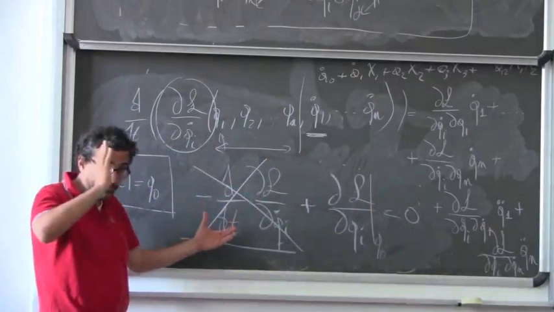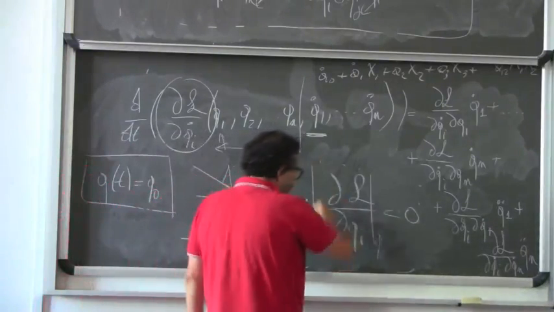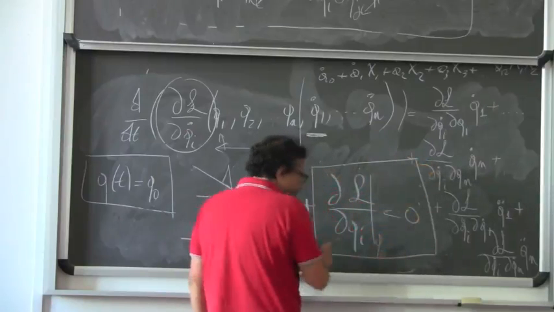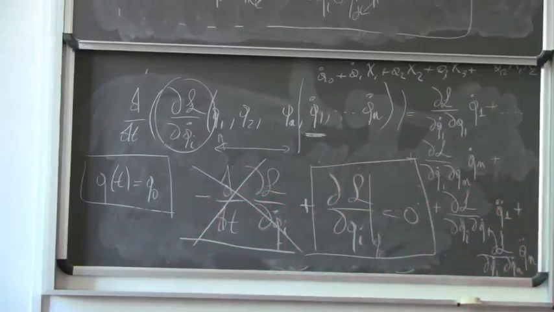So in equilibrium, dL over dqi at Q0 is equal to 0.